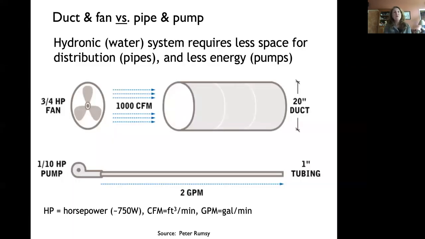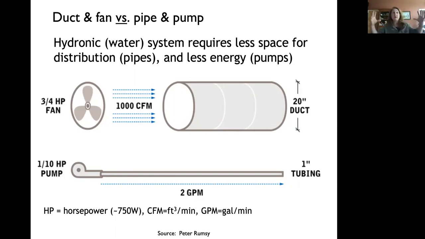You can move the same amounts of heat with significantly smaller amounts of water. So not only are the pipes going to be smaller than the ducts, but you also need much less energy to move the fluid. So the fans are going to take more energy than the pumps are, and also the fans themselves are typically much larger than the pumps.